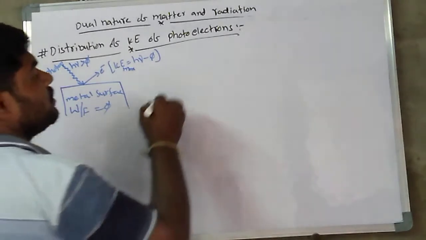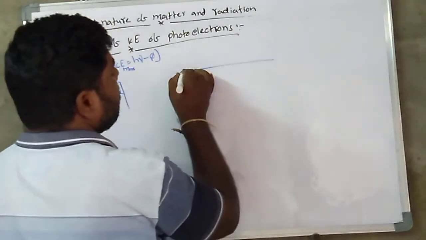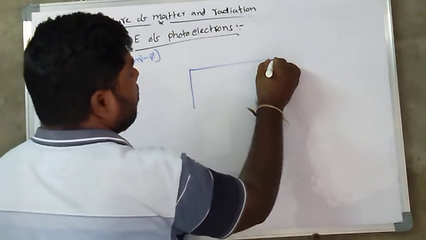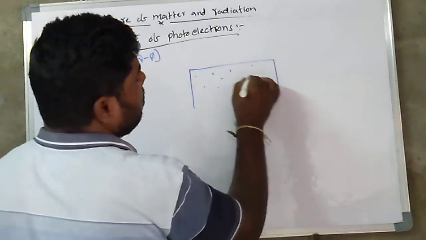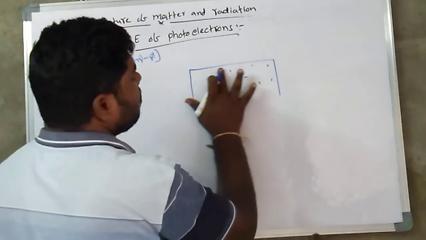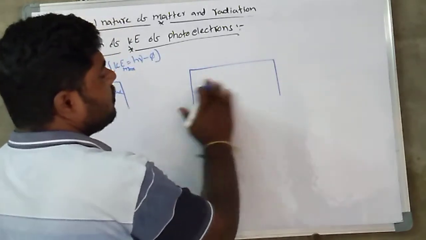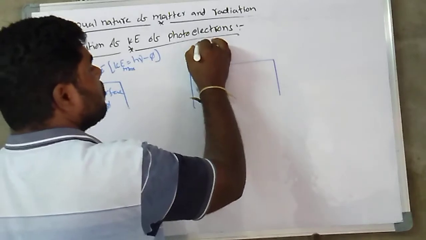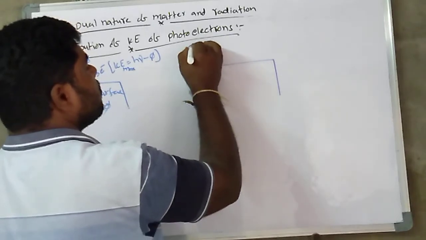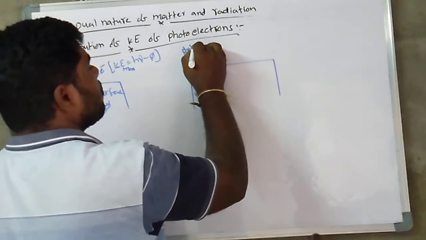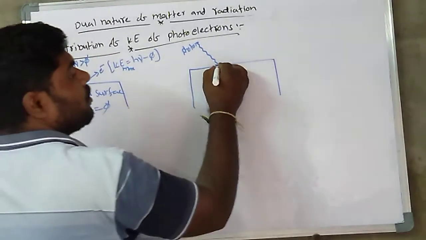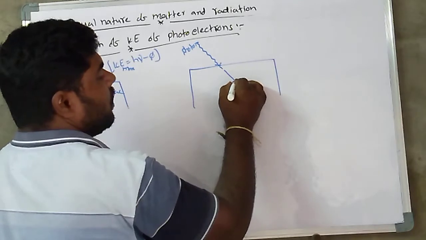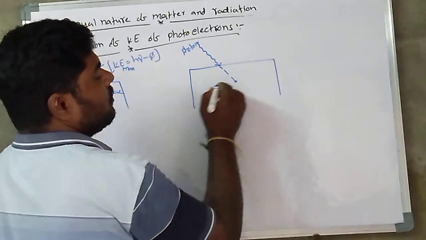It means, regarding the distribution, the metal has a large number of free electrons. The photon is first incident, some part is absorbed, and it collides with an electron.